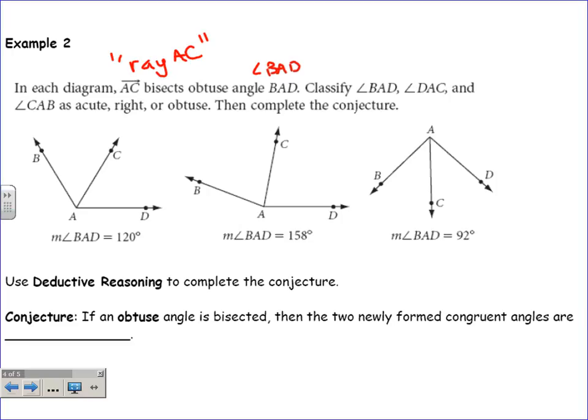Angle BAD equals 120 degrees. If this bisects it, what are each of these angles? Yeah, they're both 60 degrees. So that makes both of those angles acute, right? This one says it's 158 degrees. So what does that make each one of these two angles out here?